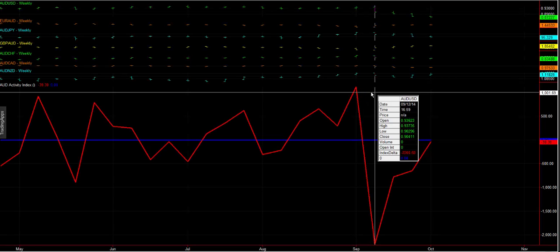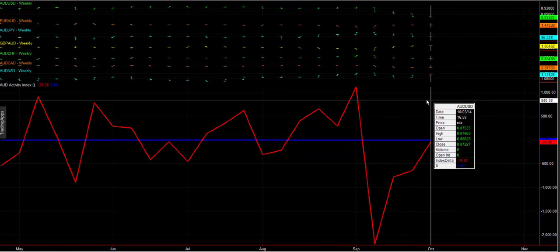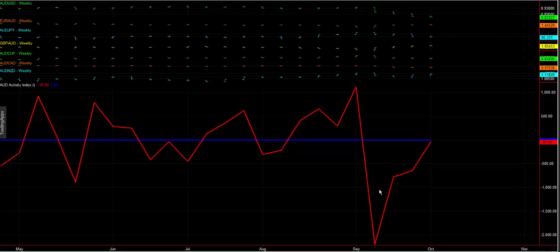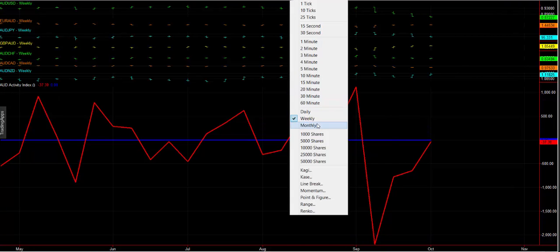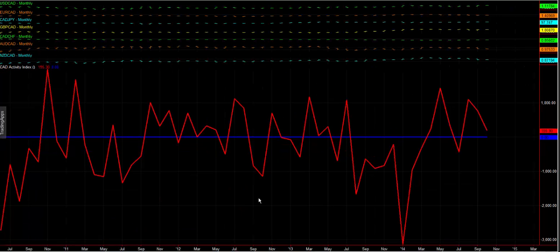We can see we have 3 consecutive weeks of depreciation across the board for the Australian dollar. And our monthly chart, we see much the same weakness in the Australian dollar. These sizable moves here above and below represent very good trends. So the Australian dollar has been a very good trending currency for us in 2014.